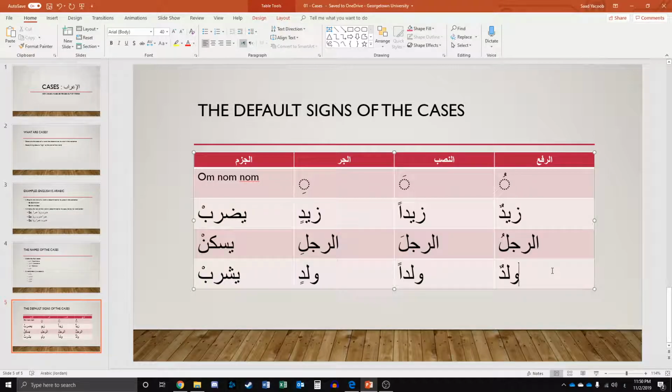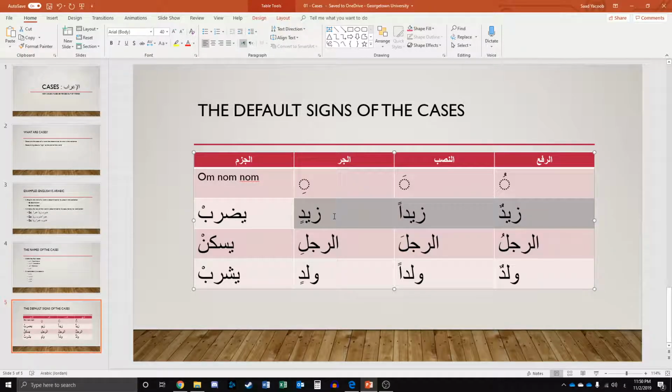But right now, it's fairly simple. If it's definite, it gets one dhamma, one fatha, one kasra. It just gets one of the harakas. If it's indefinite, so ar-rajul is ar-rajulu, ar-rajula, ar-rajuli. If it's indefinite, it gets two. So waladun, waladan, waladin. But what's going on with Zayd?